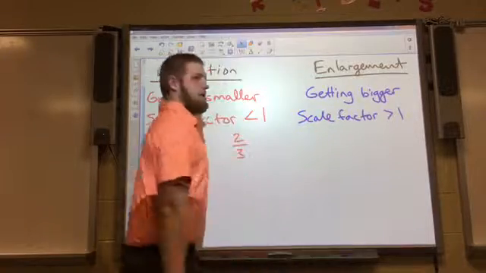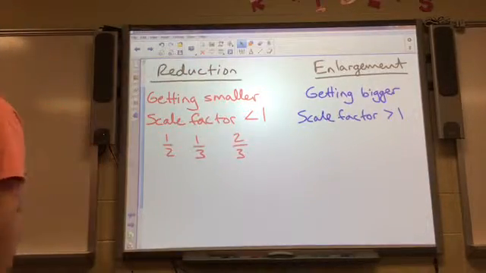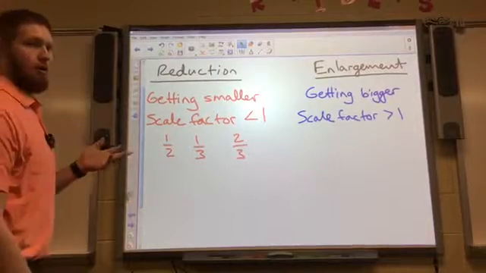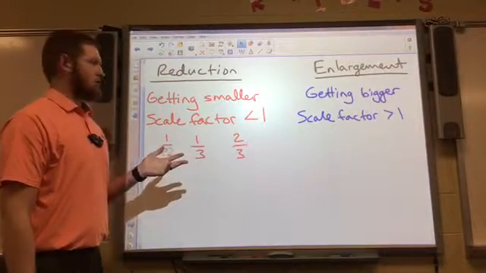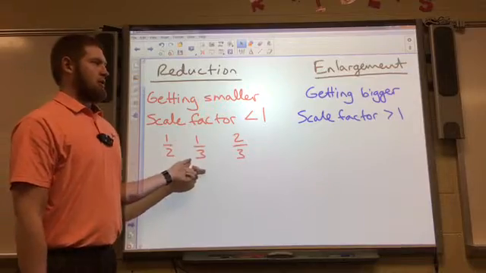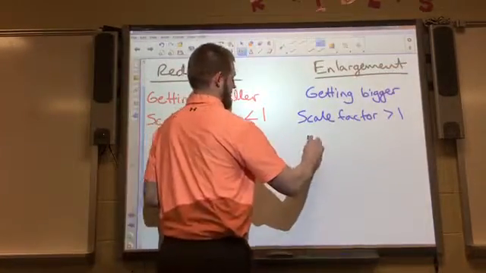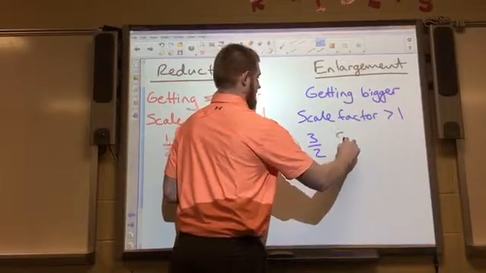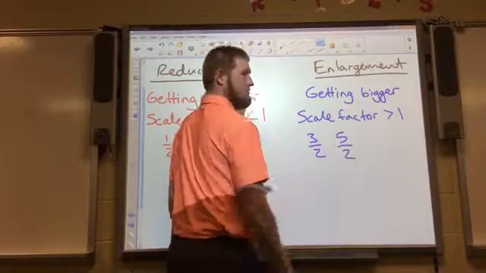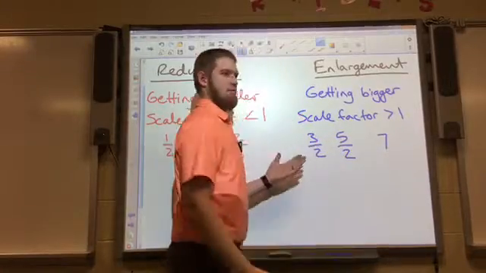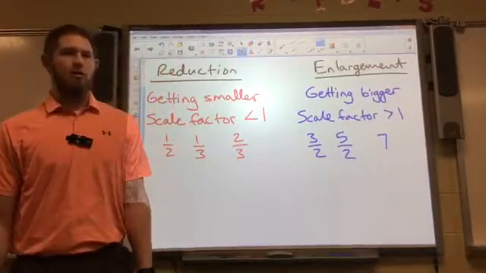Now, does that mean that it's going to be a whole number? Does that mean it's going to be an even 2, an even 3, an even 4, and so on? No. What's an example in a fraction form of a scale factor which is greater than 1? 3 halves is greater than 1. 5 halves. 7. That'd be 7 over 1, right?